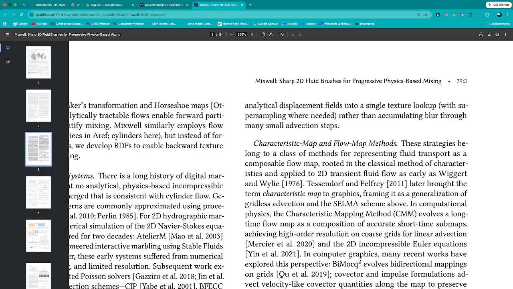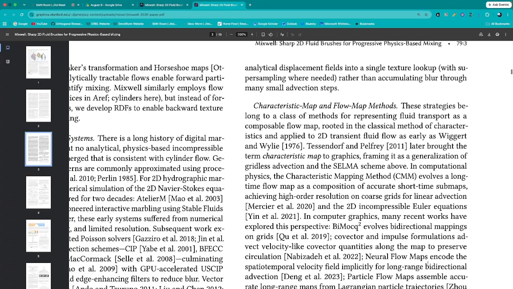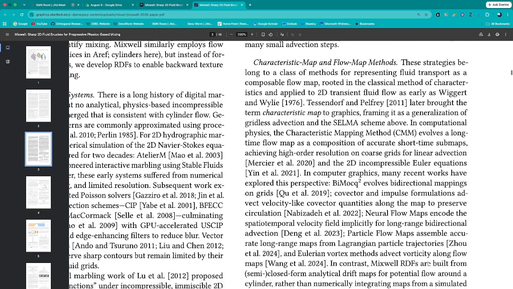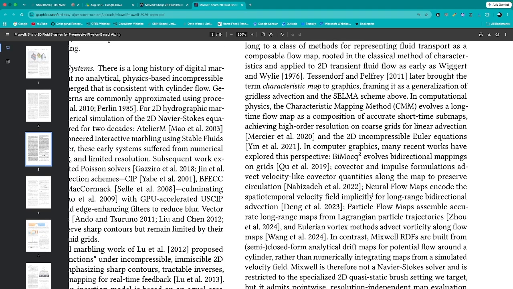BIMOC squared evolves bidirectional mappings on grids, and covector and impulse formulations advect velocity-like covector quantities along the map to preserve circulation. Neural flow maps encode the spatiotemporal velocity field implicitly for long-term bidirectional advection.